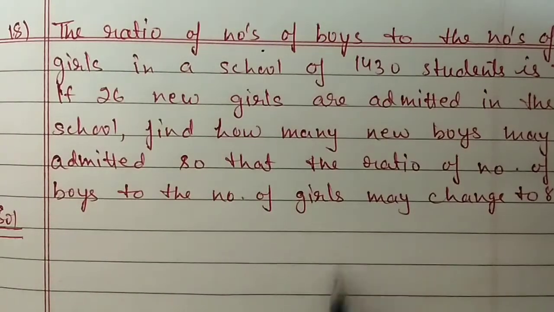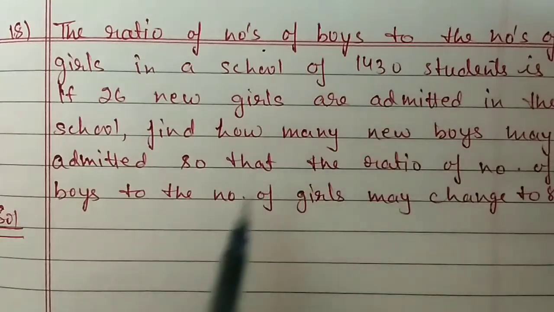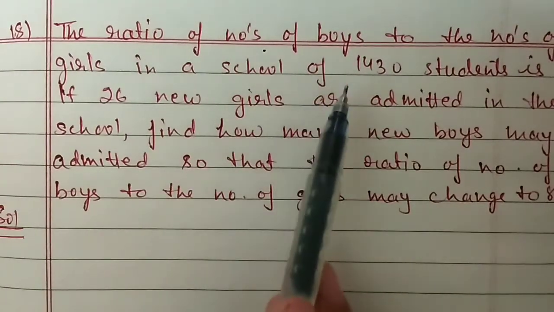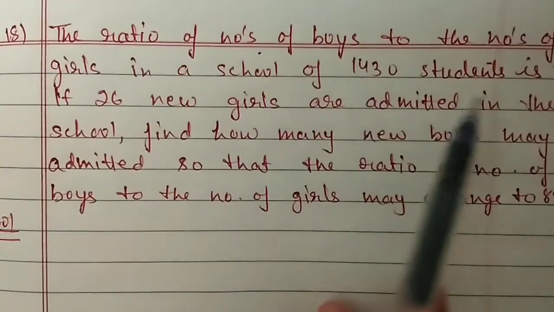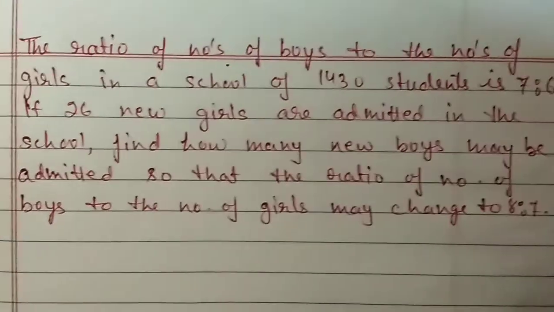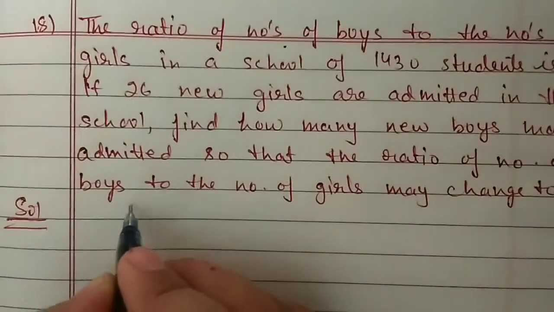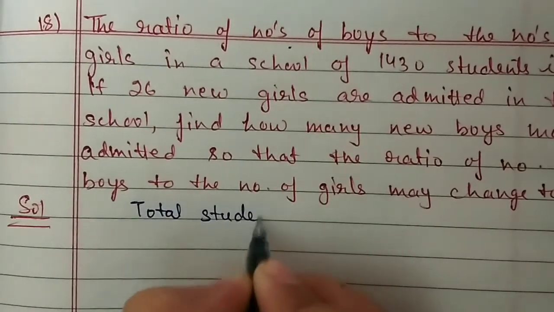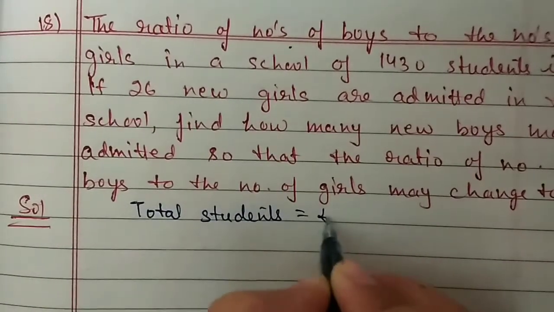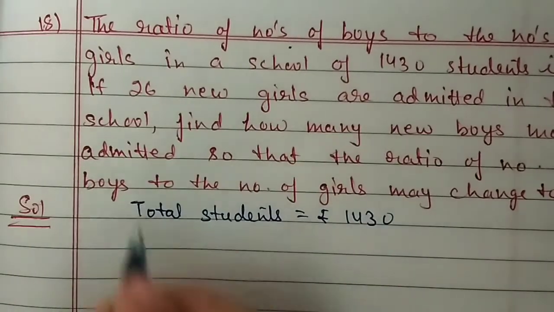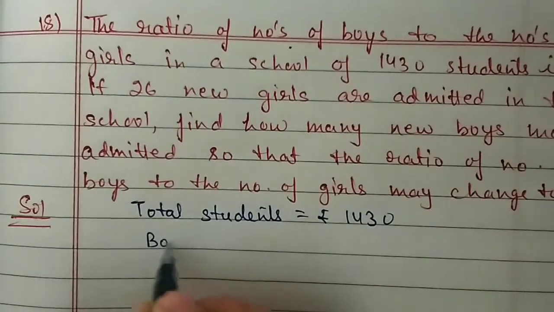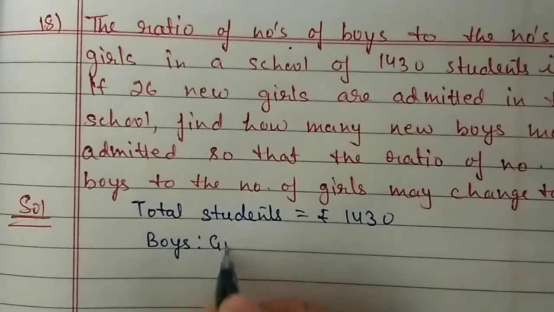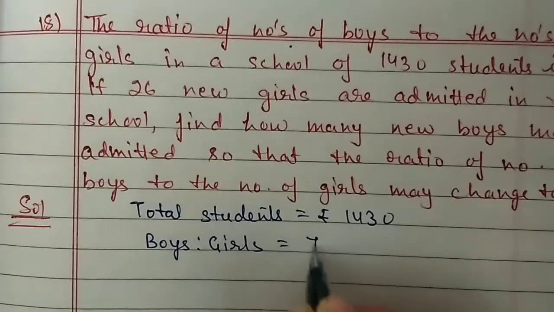Next question number 18. The ratio of number of boys to the number of girls in a school of 1430 students is 7:6. So total students in this school are 1430. Ratio is given, boys to girls is 7:6.